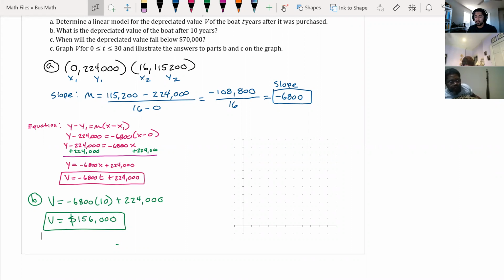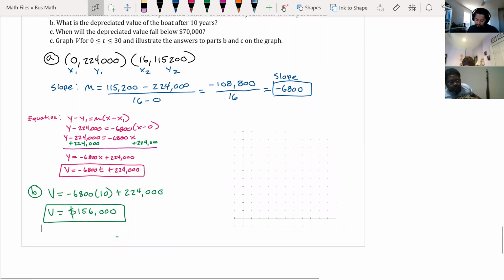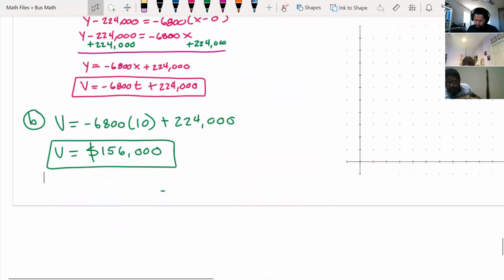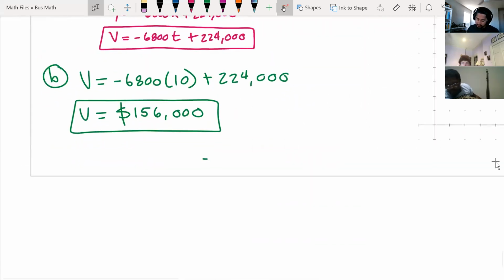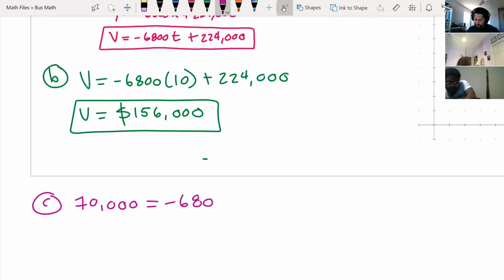V. Good. So do that below. It still works. I'll keep that equation there. C, we are now going to have 70,000 equal to negative 6,800T plus 224,000. And all we have to do now is solve for T.